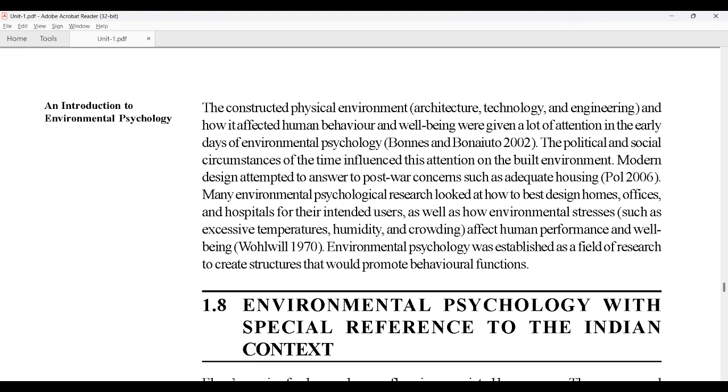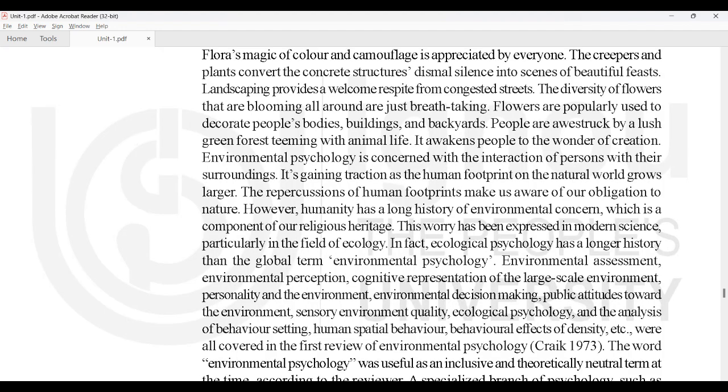1.8 Environmental psychology with special reference to the Indian context. Flora's magic of color and camouflage is appreciated by everyone. The creepers and plants convert the concrete structure's dismal silence into scenes of beautiful feasts. Landscaping provides a welcome respite from congested streets.